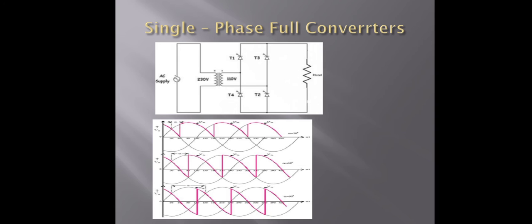When T3 and T4 are on, the input voltage is applied to the load through T3 and T4. These are the signal waveforms for T1, T2, T3 and T4. Now T1 and T2 are turned off by line or natural commutation. Then the load current is transferred from T1 and T2 to T3 and T4.